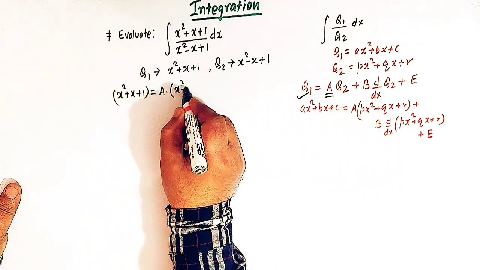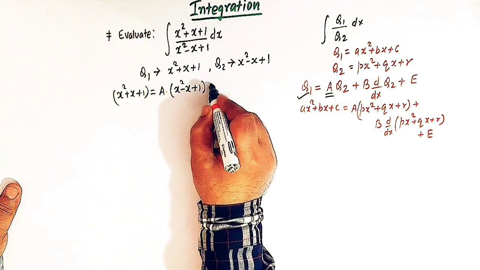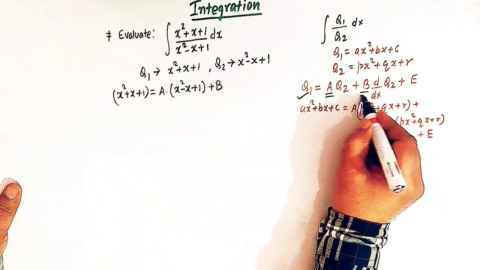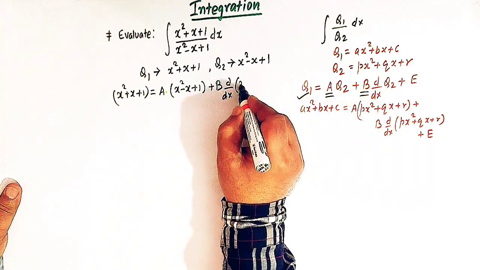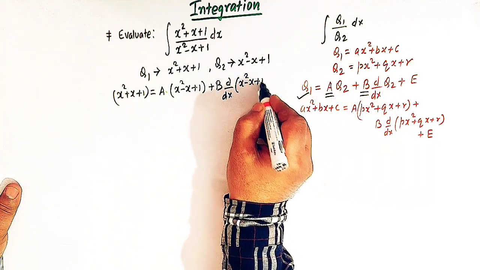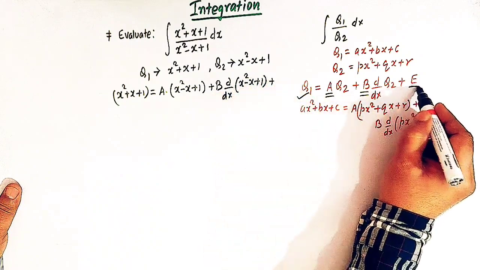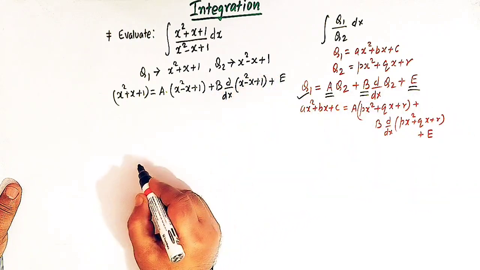Q2 is x square minus x plus 1. Then we have the constant b times the derivative of q2. Q2 is x square minus x plus 1, and then we have the constant e, right?